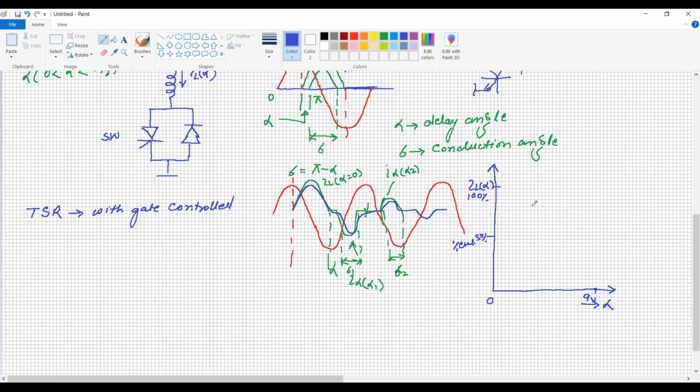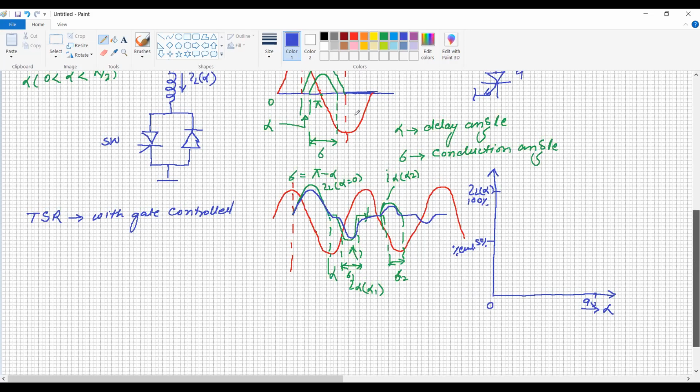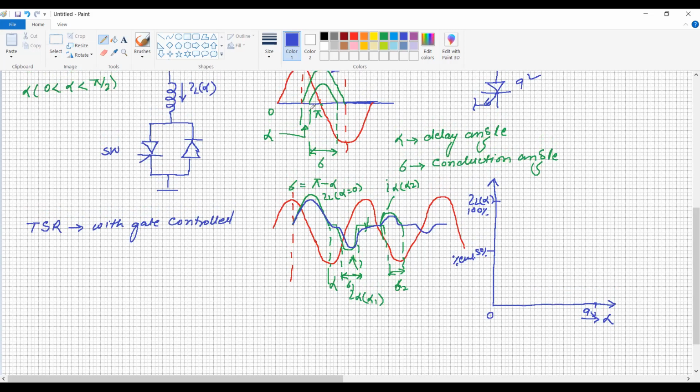When the delay angle is 0, this is the angle; this is some delay angle alpha; and this is a third delay angle. If you are increasing the delay angle, the magnitude of current conducted by the thyristor, or the current through the inductor, decreases, and hence the reactive power absorption also decreases.